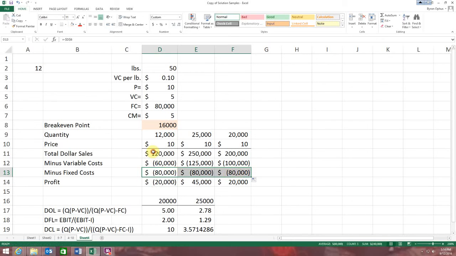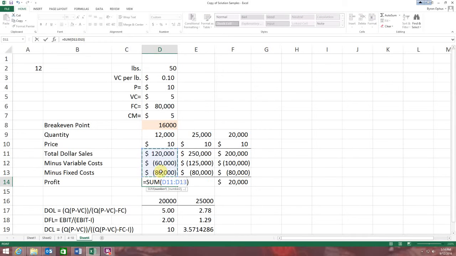Okay, so my total sales minus my variable cost minus my fixed cost. Now, because I put these in as negatives, when I sum it, I just want to add these three then. It's actually going to be a minus and a minus because of the way I have my signs. And I end up with a minus 20,000, which is my expectation that I was going to lose money, right? But I should make money on 25,000 bags, and I should make money on 20,000 bags.